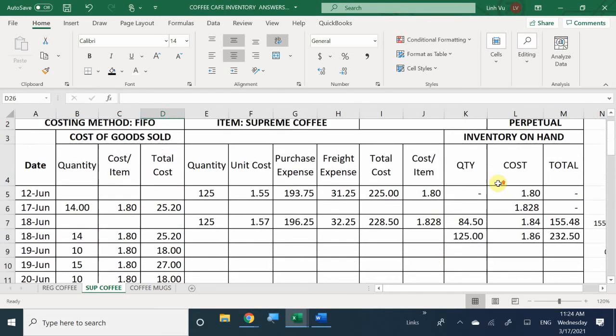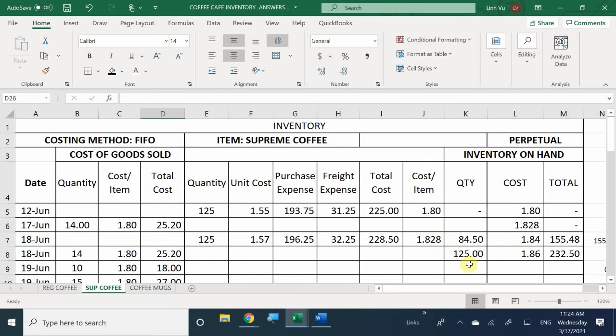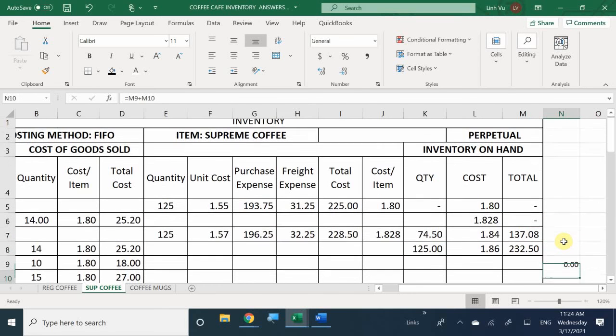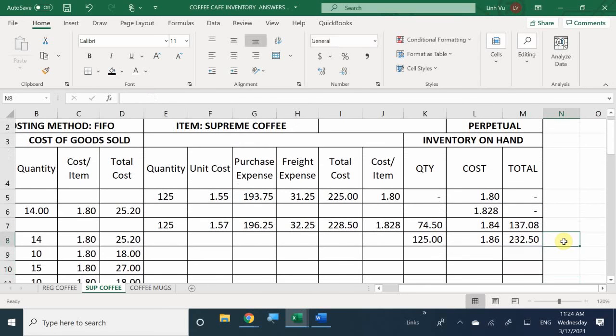We got rid of another 10 pounds. So instead of 84.50, we should have 74.50. There you go. And now we should also calculate our new total here. So we should have a total of 369.58.